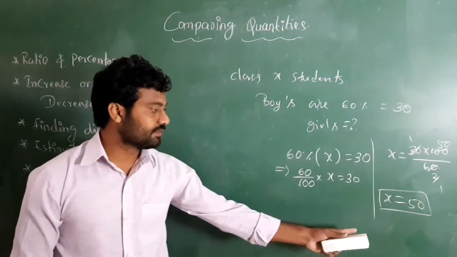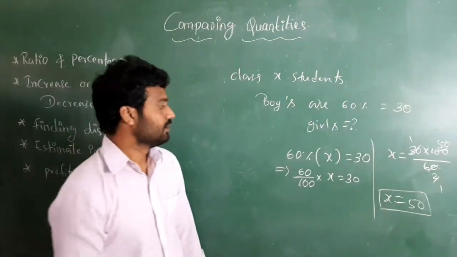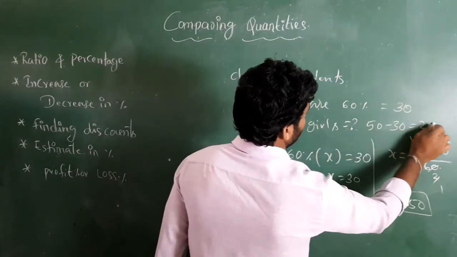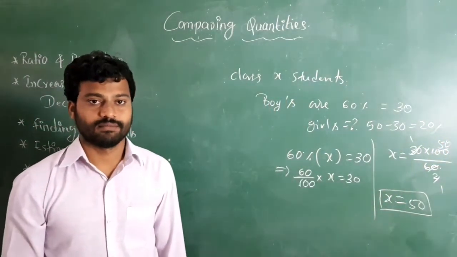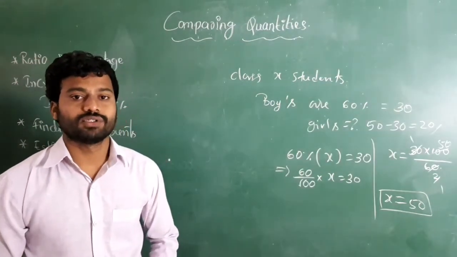If x value is 50, then how many girls are there? 50 minus 30, 20 girls are there in the class. Clear or not? In this way, we have to solve the problem.